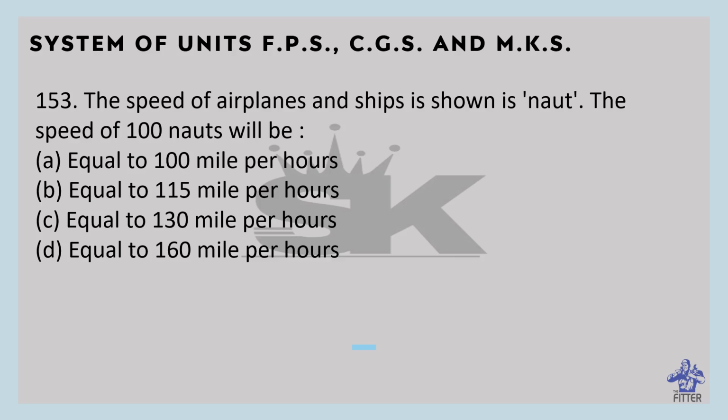The speed of airplane and ships is shown in knot. The speed of 100 knots will be? 1 mile equals 1.60 kilometers, right? So 1 kilometer equals 1 by 1.60 mile.